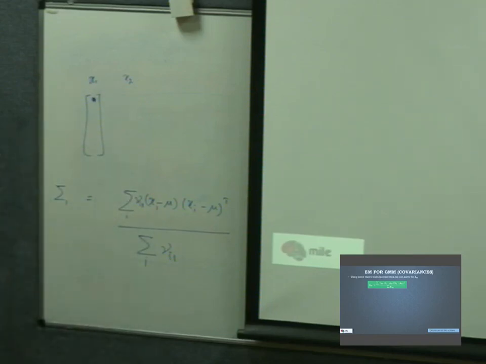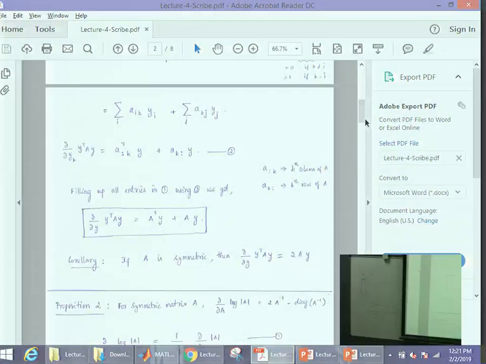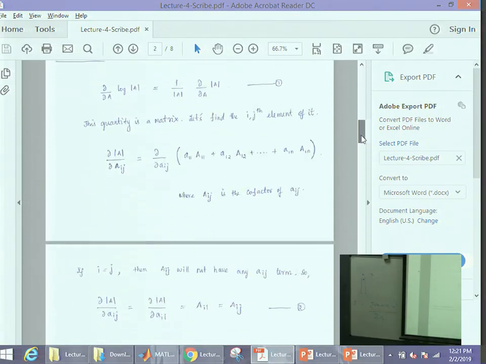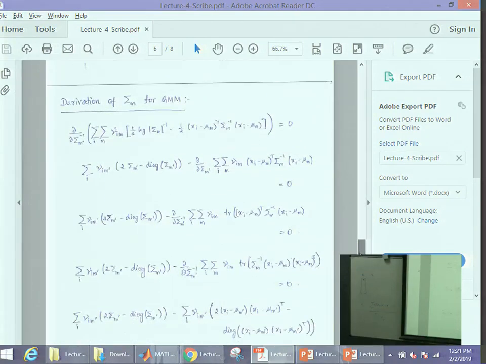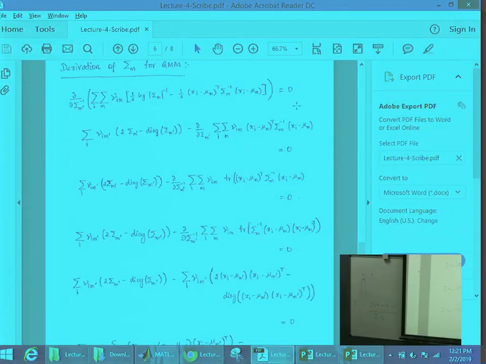Now we'll go back to the derivation of this one. Before going to the exact derivation, I'll go through some of the theorems involved. If we go through them, then this entire estimation procedure will be a bit easier. Let's first look at the likelihood function. This is the objective function, and we have to take derivative with respect to the matrix that we have.